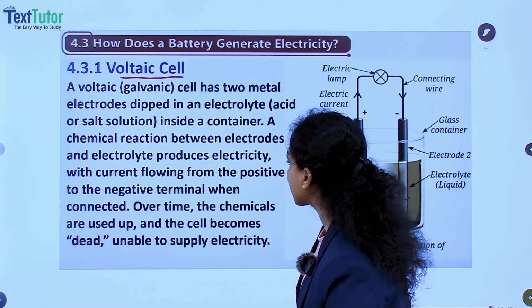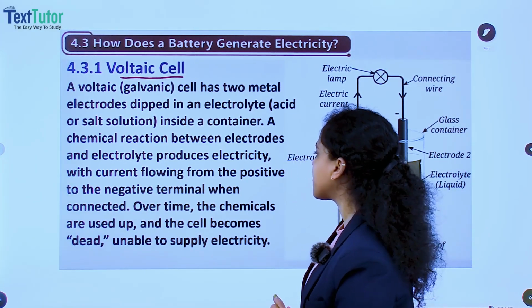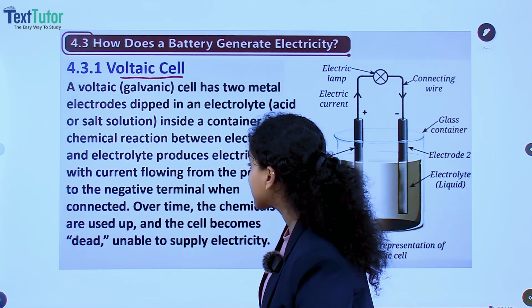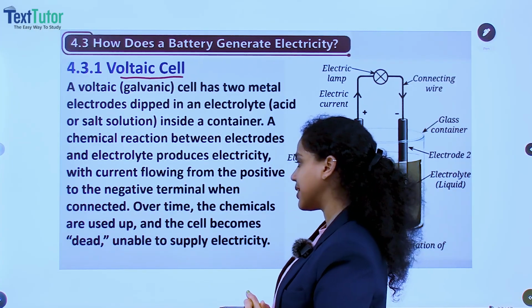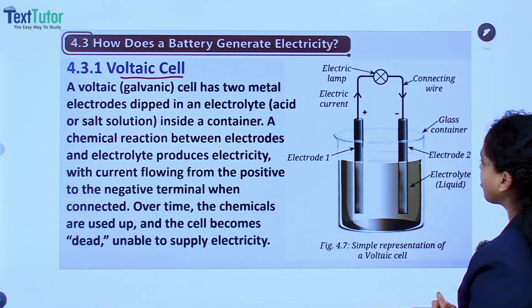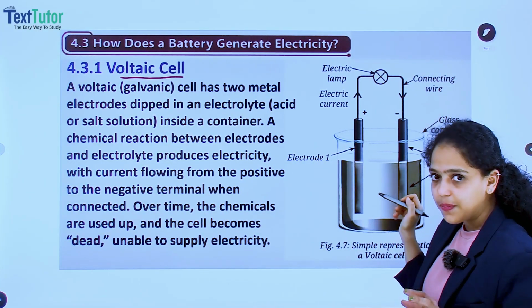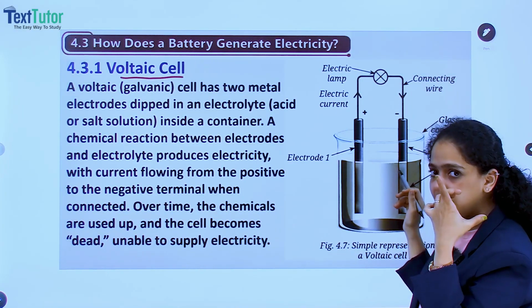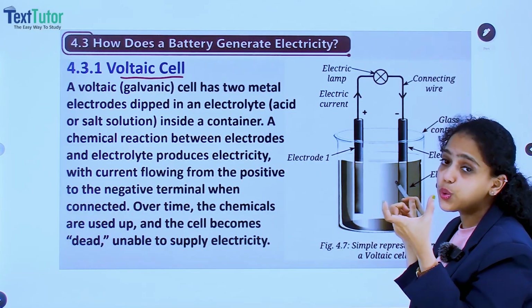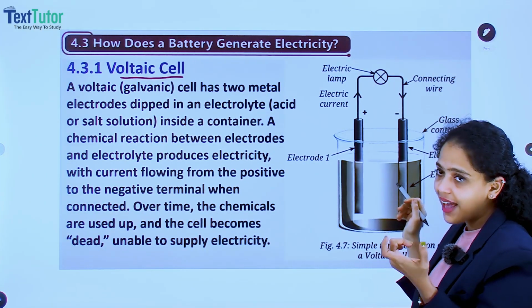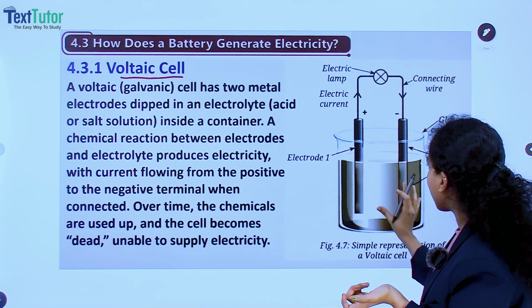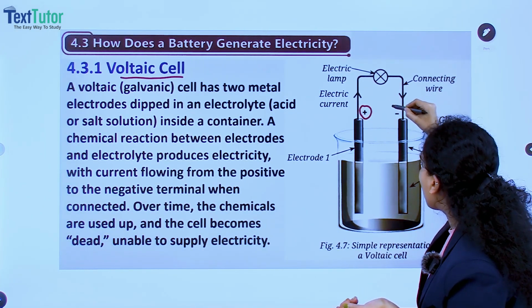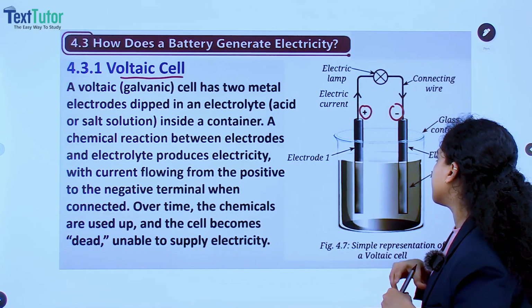A chemical reaction between electrode and electrolyte produces electricity, with current flowing from the positive to the negative terminal when connected. Like the dry cell battery that we commonly use, it has two terminals, positive and negative. So here in the voltaic cell also it has two terminals. This is the positive terminal and this is the negative terminal.